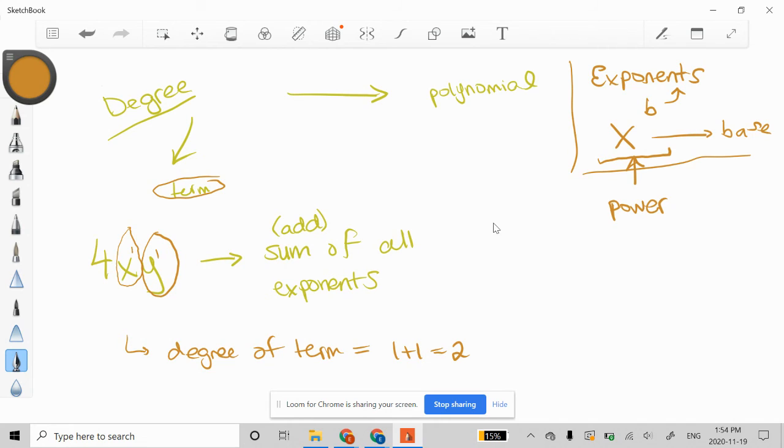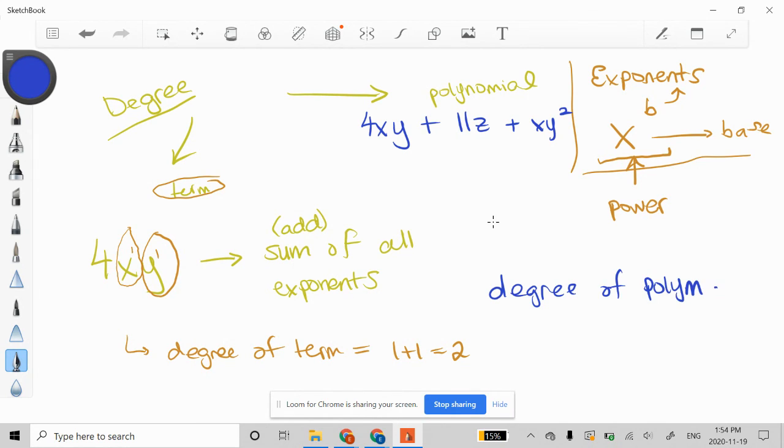When it comes to the degree for polynomials, though, you do the exact same thing. All you need to do is find the degree of all of the terms, but the degree of a polynomial will always only be the degree of the highest term.